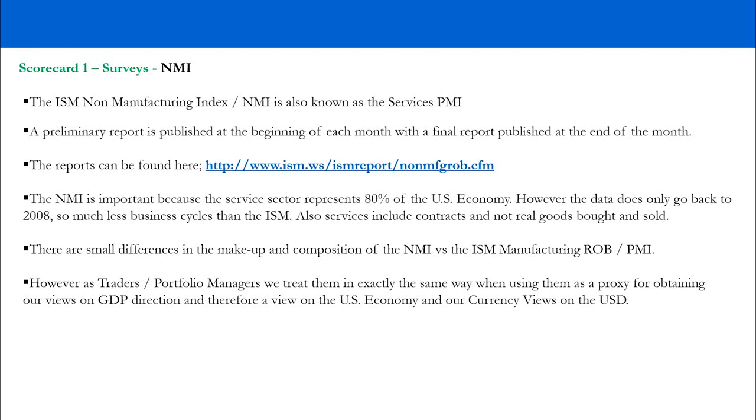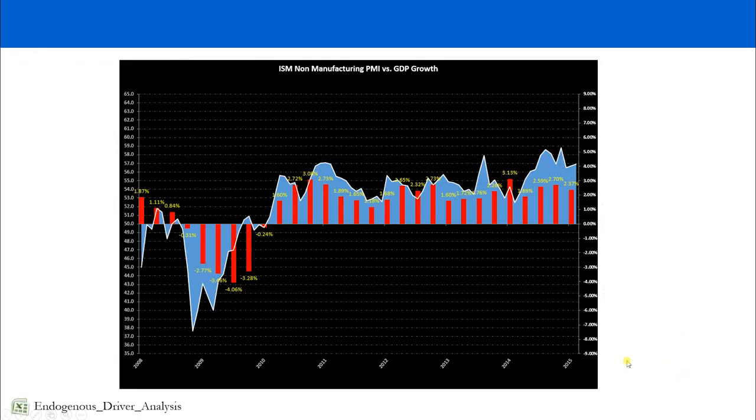So we're looking for our view on the US economy and our currency view on the US dollar. And if we want a pictorial representation of what the NMI looks like, we can look at the data going back to 2008 relative to GDP growth. You can see it's quite similar to the ISM. In the last business cycle, the NMI was negative at the beginning of 2008.